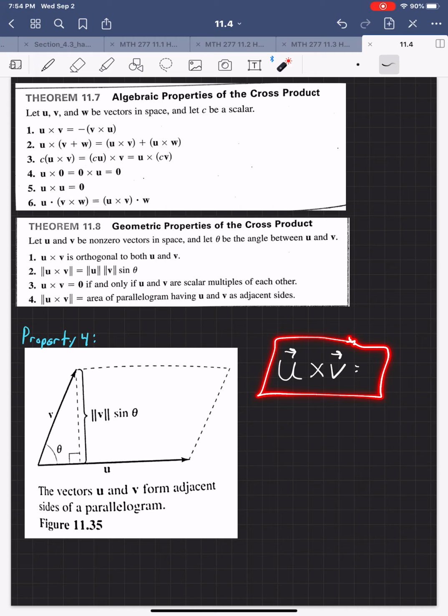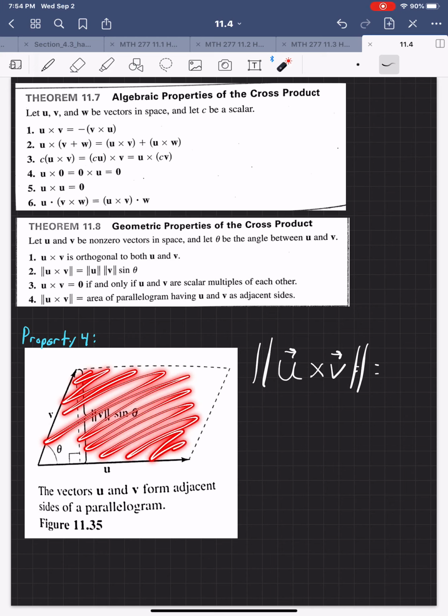But what's interesting is that the magnitude of that vector is equal to the area of the parallelogram that's formed from vector v and vector u.